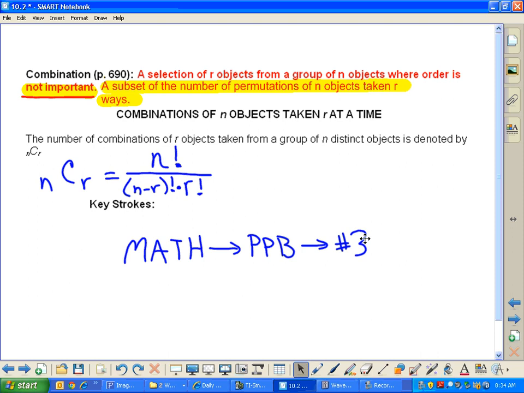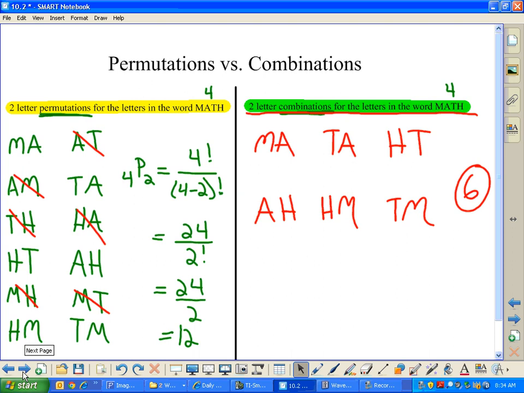All right, so let's practice. We're going to practice with this little slide I have here. I'm going to use my combination formula. I had 4 letters in the word math, and I wanted them pulled out 2 at a time. Order wasn't important. I just needed the 2-letter variation. So I'm going to do 4 factorial over the quantity of 4 minus 2 factorial times 2 factorial.